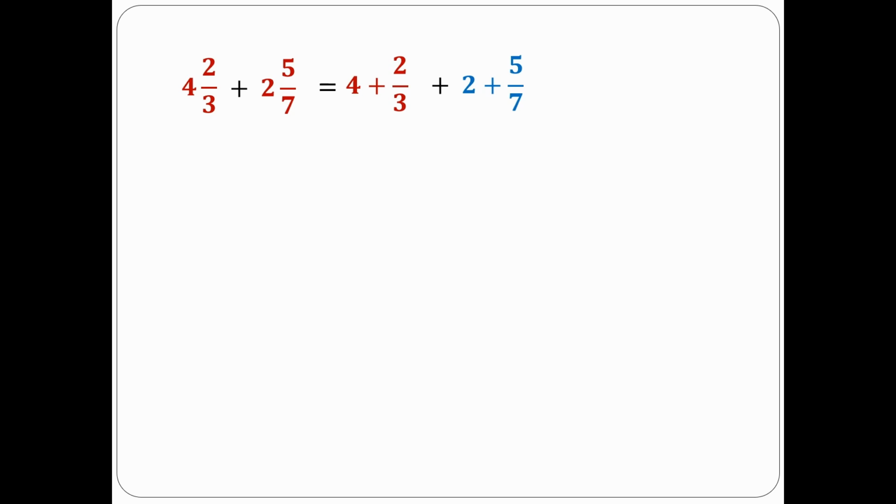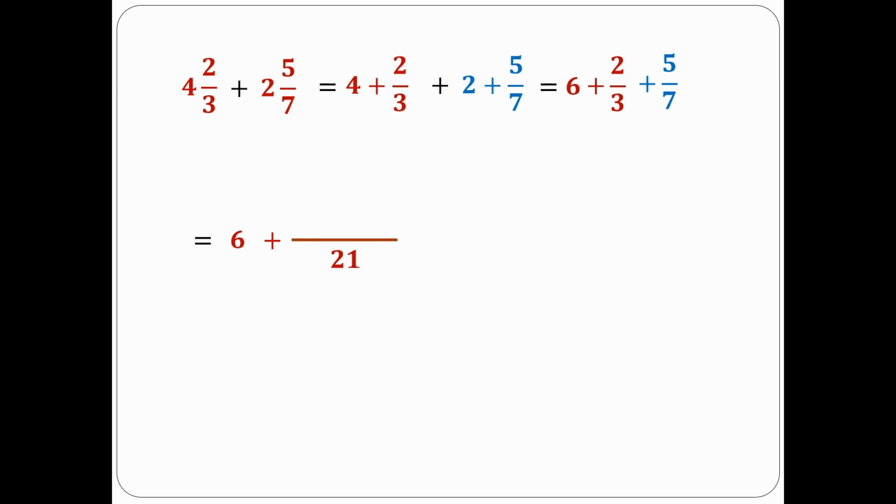7. So we can add 4 and 2 and we are going to get 6. And then we have 2 over 3 plus 5 over 7. Next is to add the two fractions, 2/3 and 5/7. And in order to do that, we have to get the common denominator. To get the common denominator, multiply 3 and 7, which is 21.